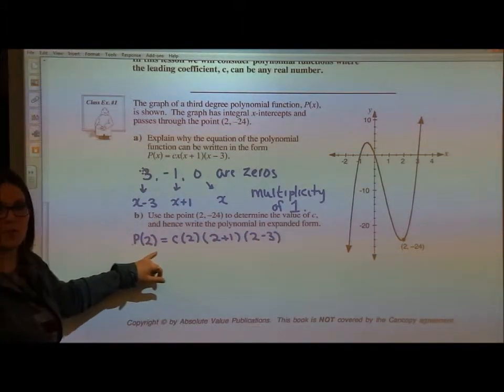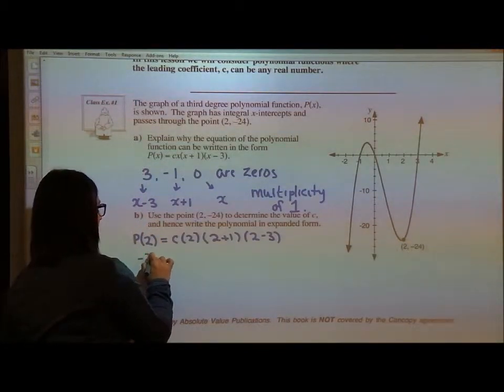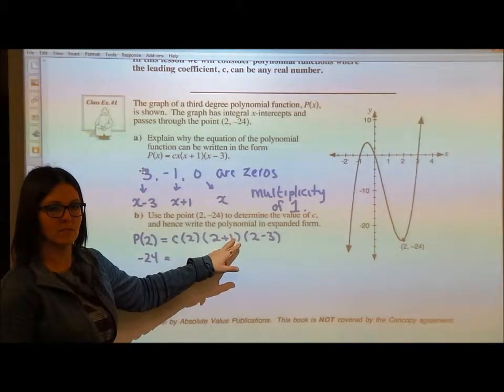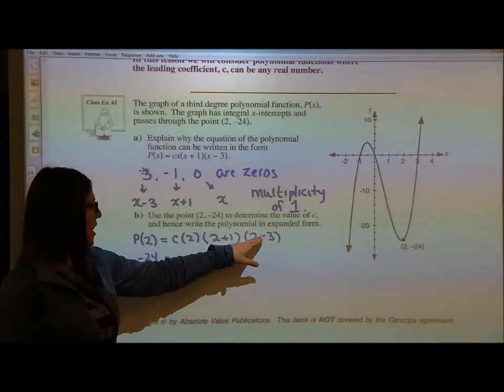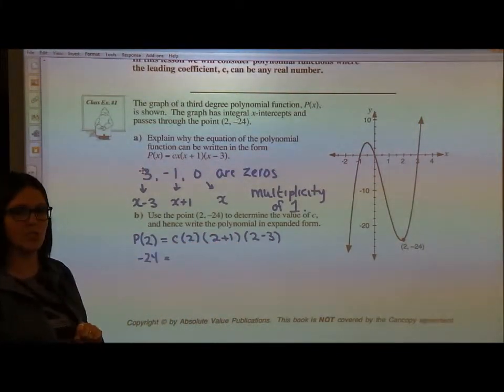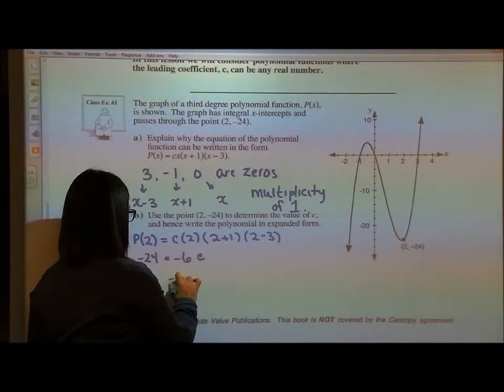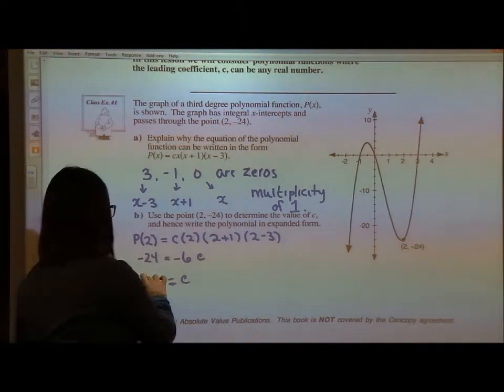What is the value of p of 2? Negative 24. So 2 plus 1 is 3. 2 minus 3 is negative 1, so I've got negative 1 times 3 times 2, which is negative 6 times c, which means that c would be equal to 4.